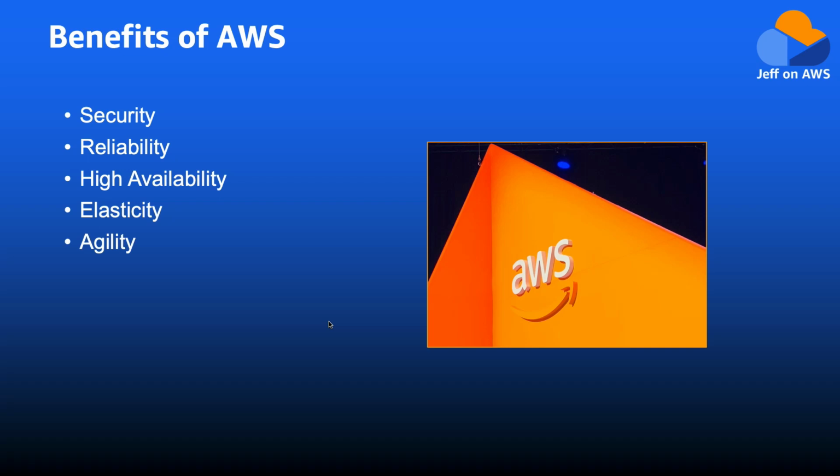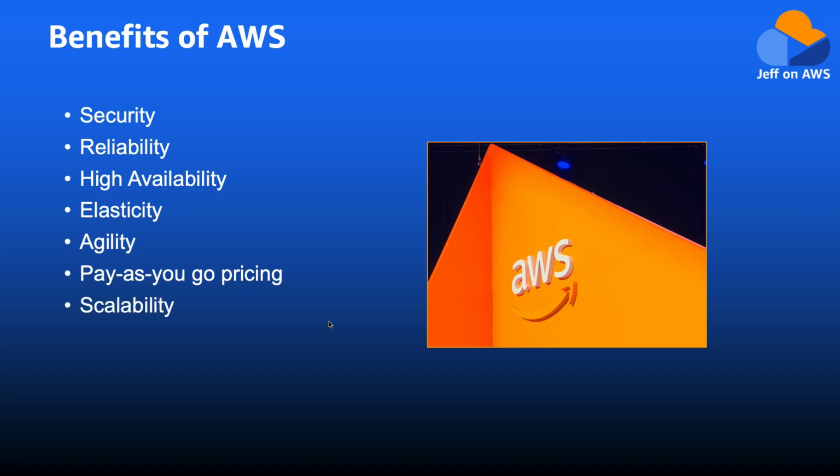We're going to talk about how quickly you can do that and how agile compute resources and other services can be in AWS, specifically when compared to on-prem. We'll talk about the pay-as-you-go pricing and how you pay only what you use, again, which is very different in the world of capital expenditures from an on-prem acquisition perspective.